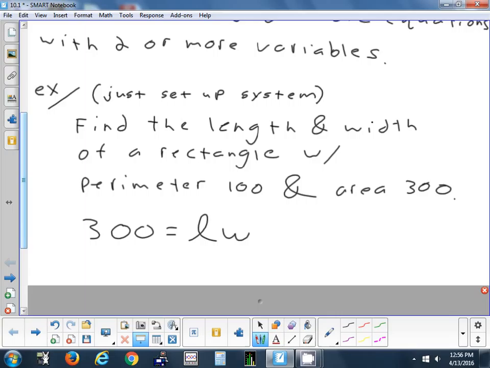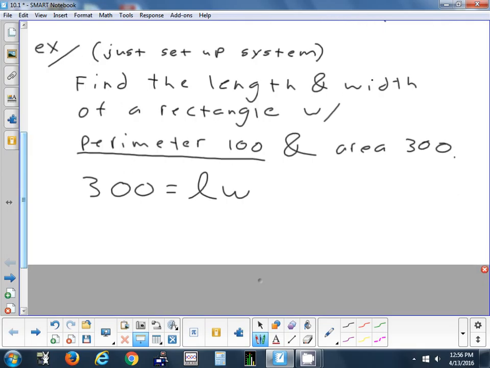Now, if that's the only equation I had, this is an example of a system with more variables than equations. Infinite answers. Any two numbers that multiply to give you 300. But the second part of that is going to narrow down how many solutions we get.